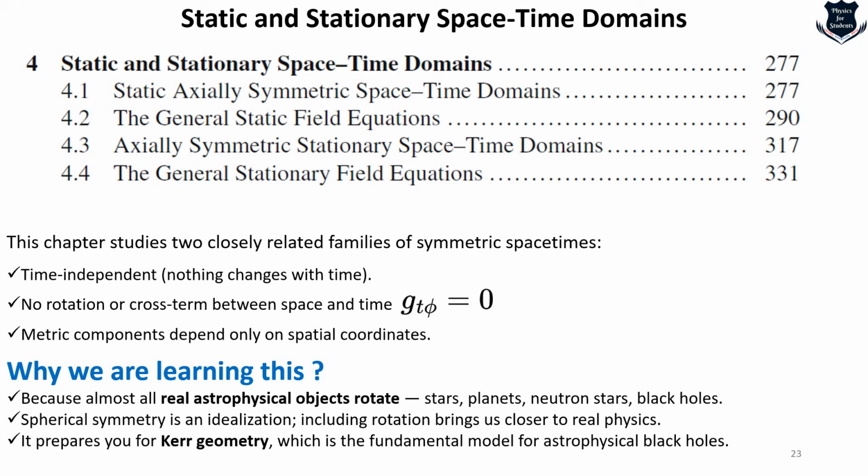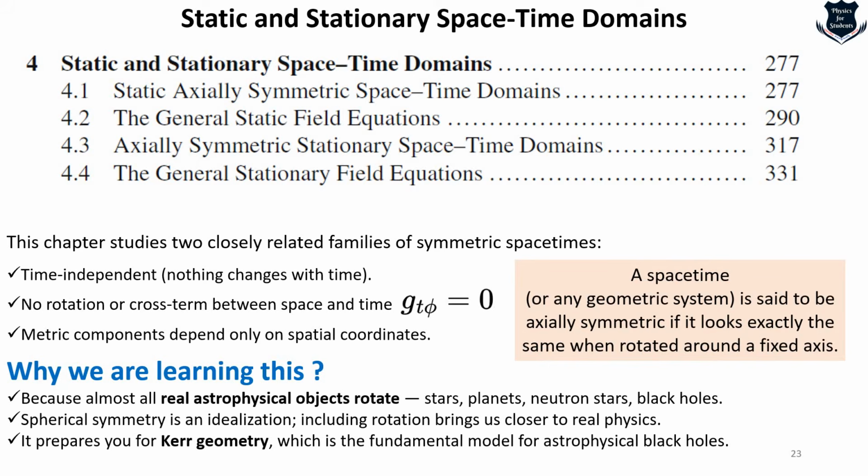So just remember here that it is still time independent but may involve rotation. Metric components are constant in time but include cross terms, and this is an example of Kerr spacetime. So the chapter generalizes from the perfectly spherical and static to axially symmetric and rotating geometries.